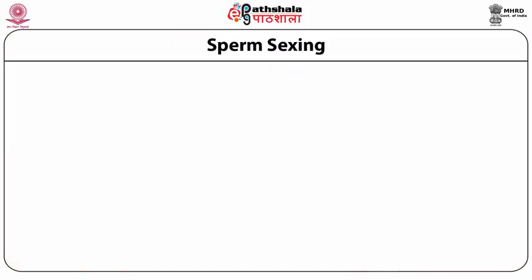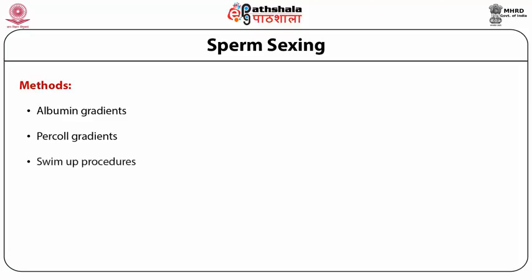Sperm sexing can be done by various methods. Important methods are albumin gradient, Percoll gradient, swim up procedures, electrophoretic separation, and flow cytometry. These methods are based on the basic principle that X sperm and Y sperm are somehow different.